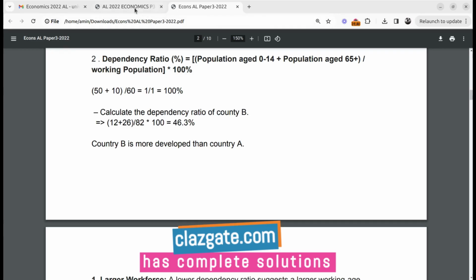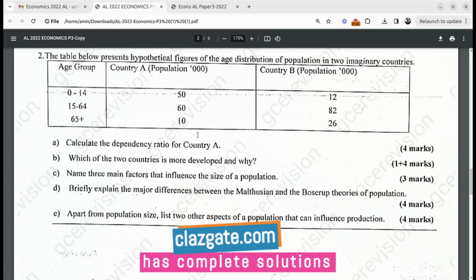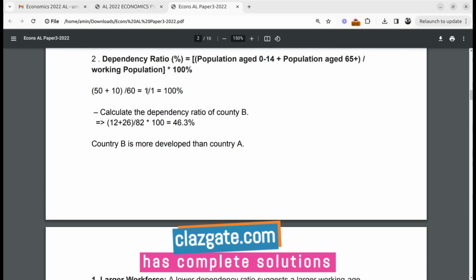So they asked us for the dependency ratio of country A. In country A, people who were 0 to 14, there were 50 of them, and there were 10 people at the ages 65 plus. And then the working population, I'm sure this is common knowledge, people between the ages of 15 to 64, which was 60. So we'll just simply input the values here.